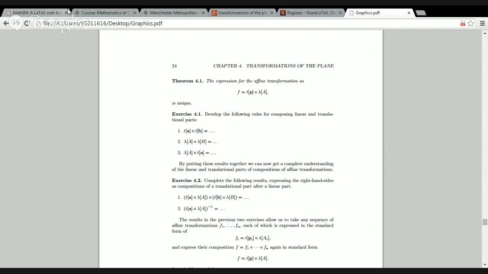Yeah, and the first column here gives you the image of i. So i moves down to this vector here. So this is A times i, this red vector pointing down. And the j vector goes to the vector with coordinates 1, 0. So that's just the vector i, isn't it?